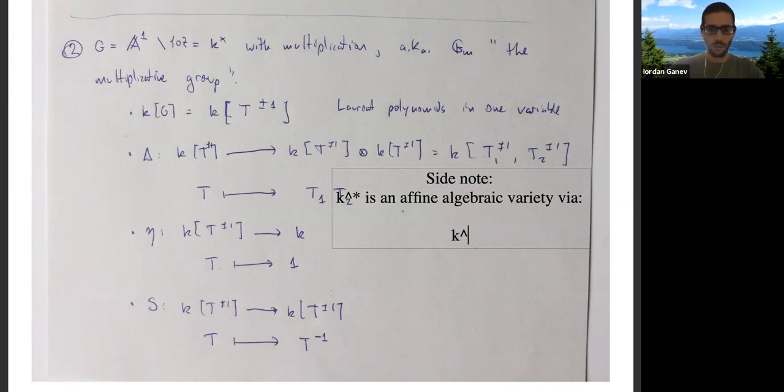K star is the vanishing locus of xy minus 1 inside of K2.